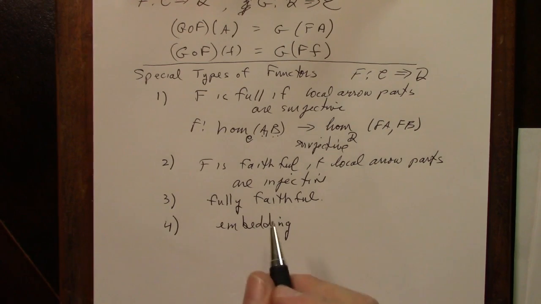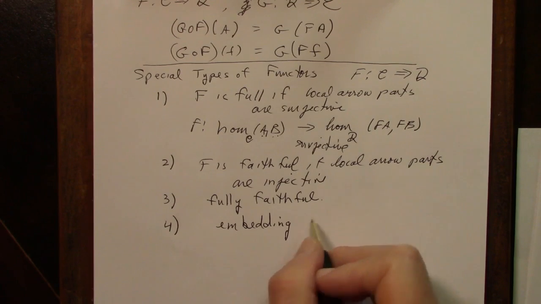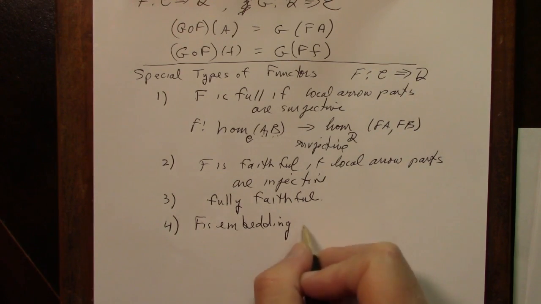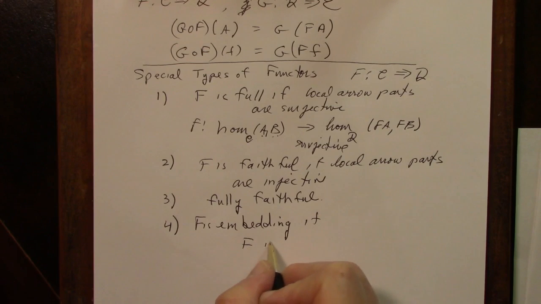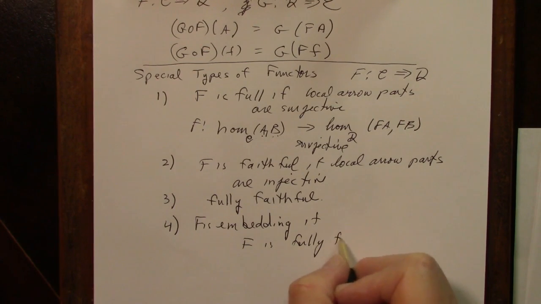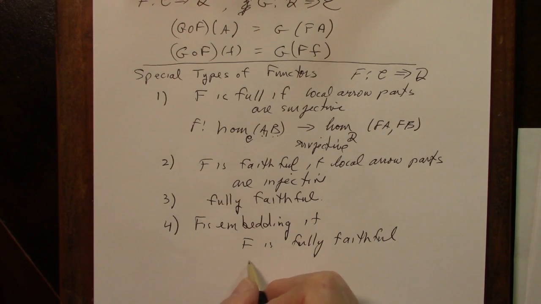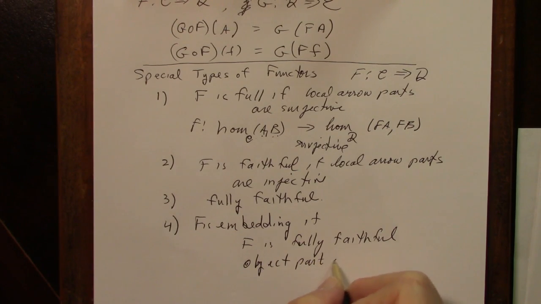The one we're going to adopt is the strongest one. And so F is an embedding if F is fully faithful and the object part of F is injective.